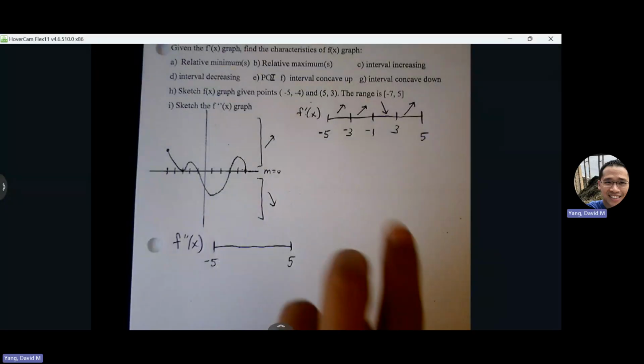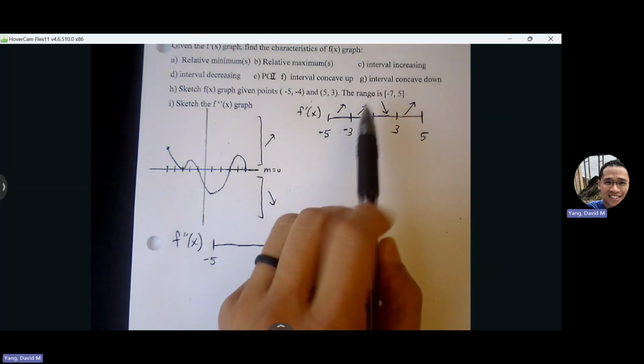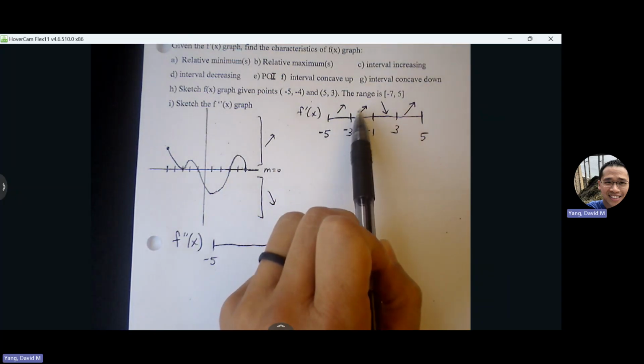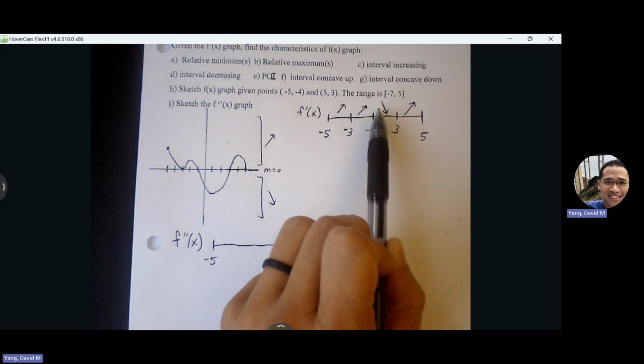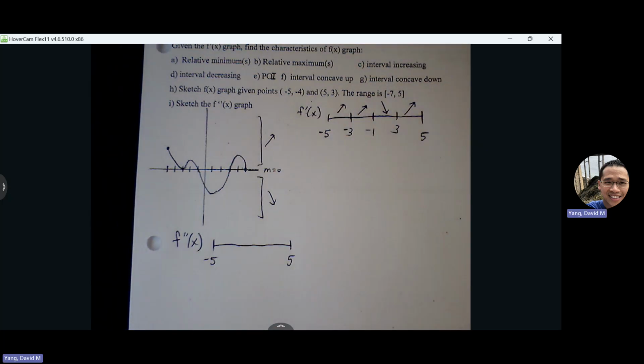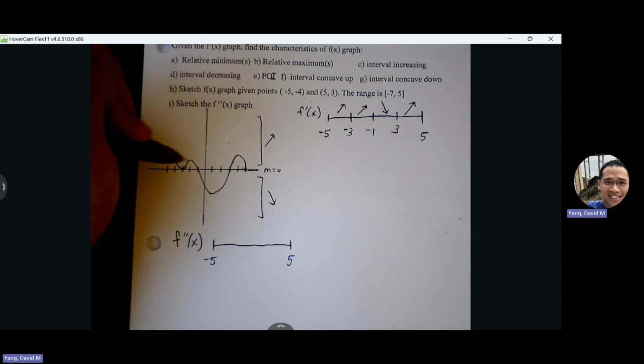Okay, so for your f prime sign line, you're picking off your x-intercepts, and then you're just looking to see is your graph above or below your x-axis, and that's going to indicate the slope behavior of your original graph. For f double prime sign line, you're picking off the max and mins, the peaks and valleys. Those will be the points of inflection of your original graph.